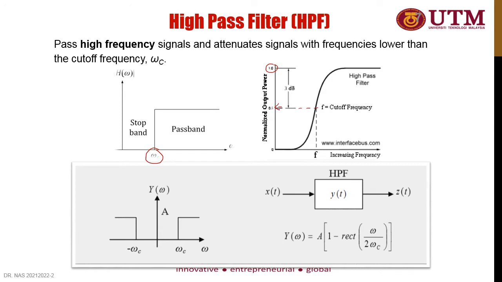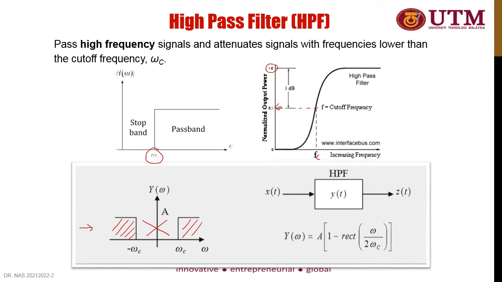Okay, so this is where the cutoff frequency, in radian per second or hertz, takes place. Okay, so the high pass filter frequency response looks like this, in which higher frequency components will be selected or will be passed in, and lower frequency components will be removed from the system.